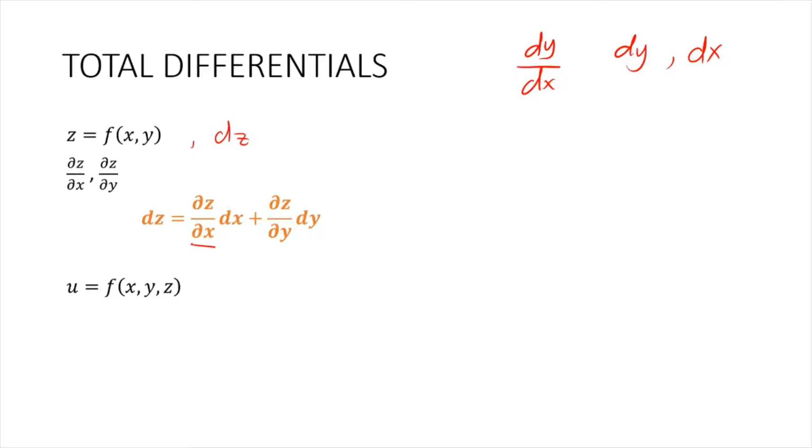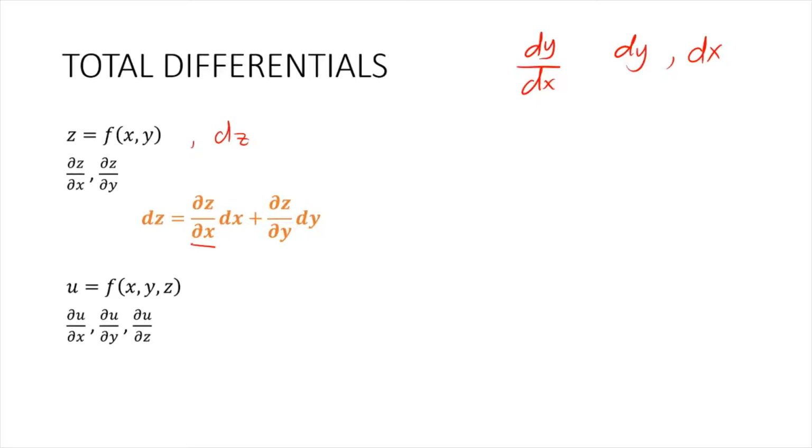Okay, now if we have a function defined in terms of three variables, say this one, u, which is defined in terms of x, y, and z, then we can have three partial derivatives, right? Partial derivative of u with respect to x, partial derivative of u with respect to y, and partial derivative of u with respect to z.